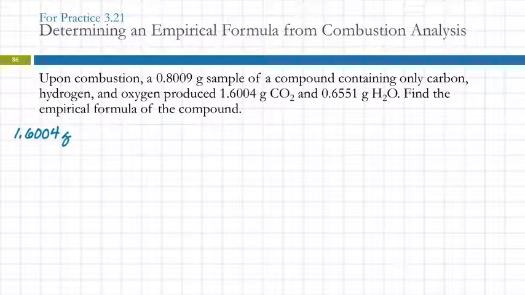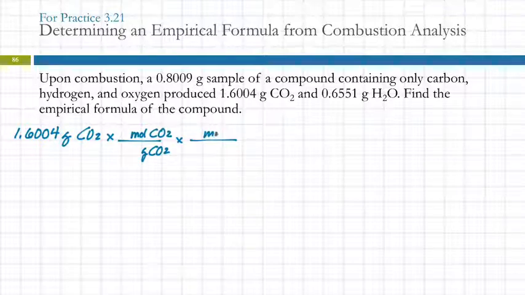So, 1.6004 grams of CO2. In order to convert this to grams of carbon, I need the molar mass of CO2. So I'm going to convert this to moles of CO2. And then looking at the formula, I can figure out the moles of oxygen per mole of CO2.